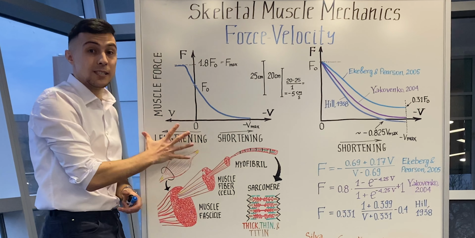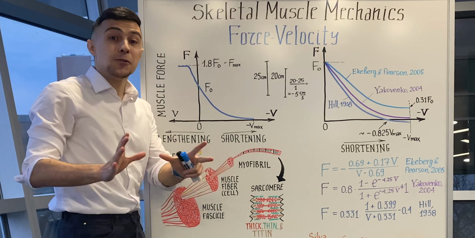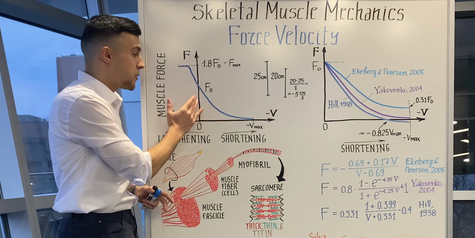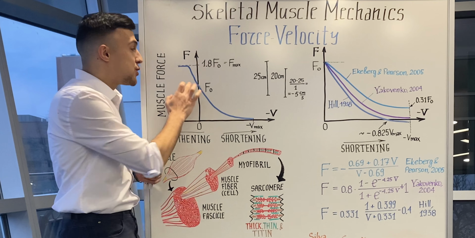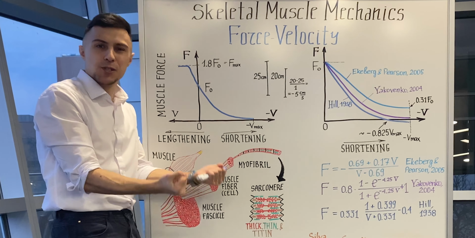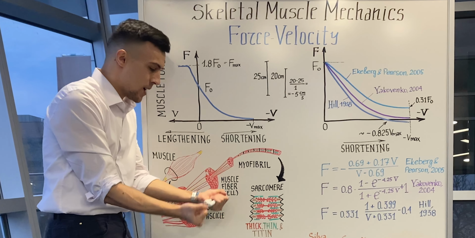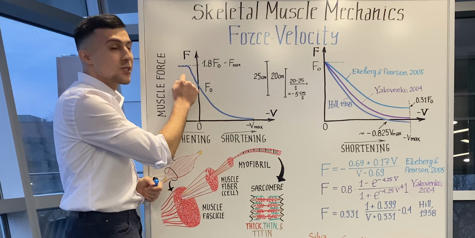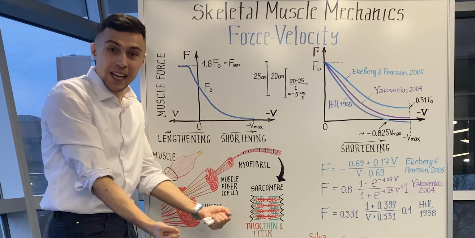Now that you know about shortening of the muscle and this force-velocity relationship for shortening, let's talk about stretch of the muscle. Counterintuitively enough, you see that the force generated during muscle lengthening is greater than any of the forces generated during muscle shortening. When you're lifting a barbell, you think you're so strong. Not really. You're stronger when you're elongating your muscle.